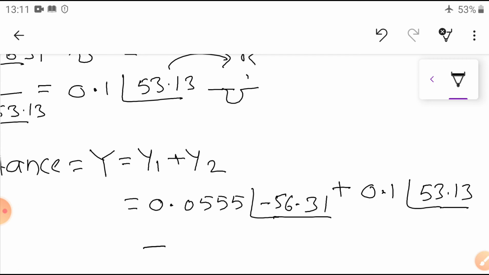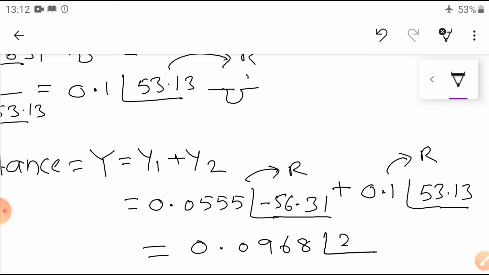Convert to rectangular form and add them, since addition is easier in rectangular form. Then the value we get is 0.0968 at an angle of 20.42. This is the total admittance.